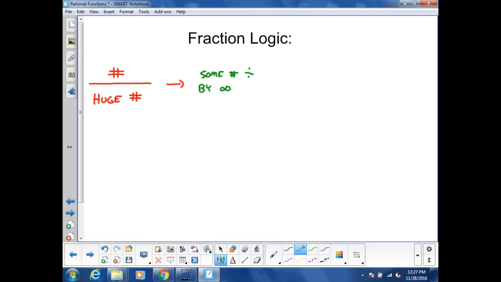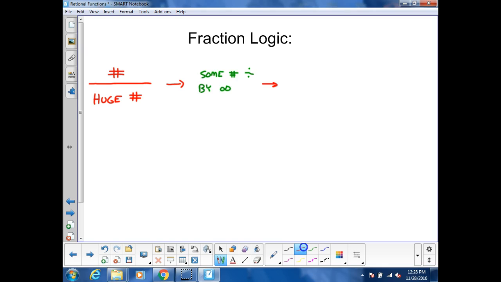Okay. So if I take 1 and divide it by 1,000,000, 0.000001, right? Okay, really small. Okay, logically, what does that number get closer and closer and closer to? 0.